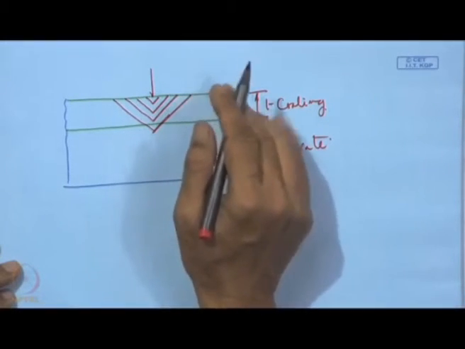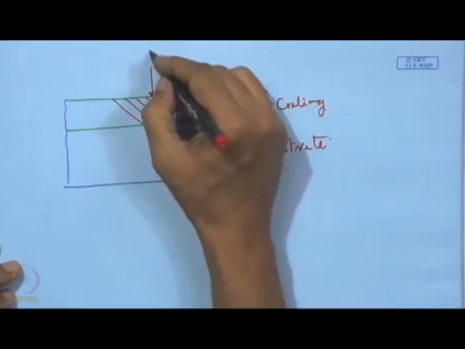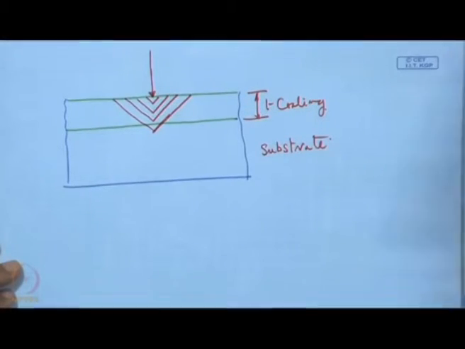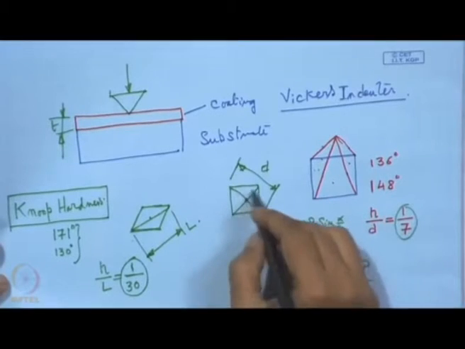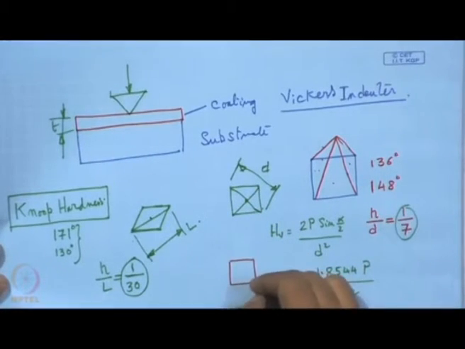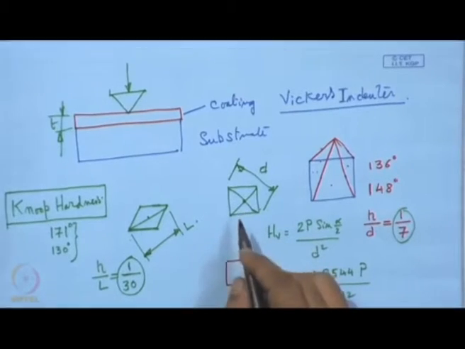It should also be flat, that means it should be at right angle to the direction of loading. Otherwise, as we can show from the previous picture, this diagonal will not be a square diagonal, but it can have distortion. So, this is also another difficulty in measurement.